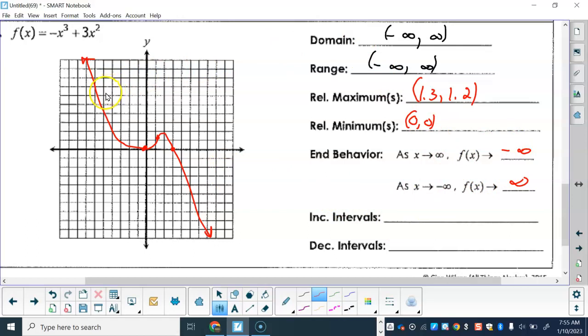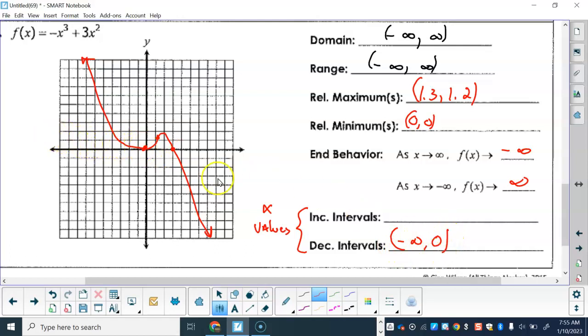Now our intervals. Let's do the decreasing intervals first, because we're starting over here at negative infinity and going to 0. You can see the graph goes down to 0. Remember, we're only talking about domain, or x values. So from negative infinity to 0, it is going down as we move across the graph.